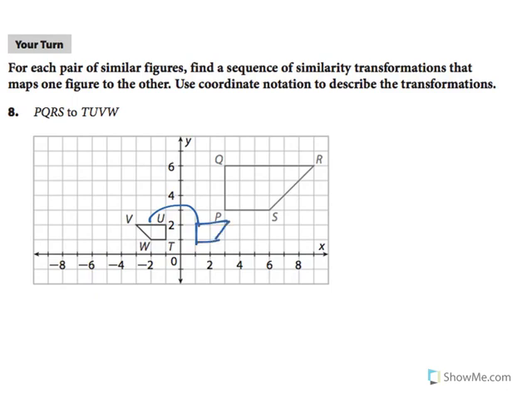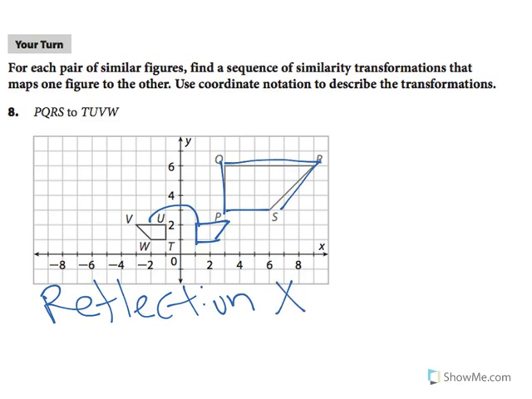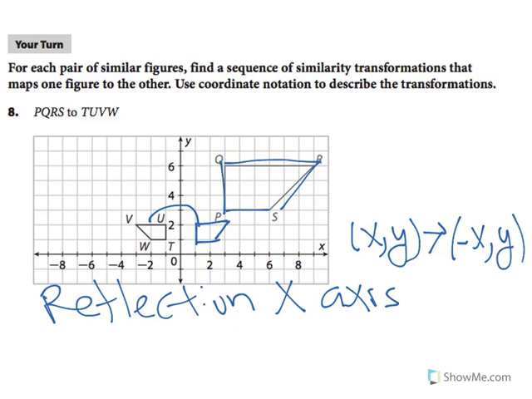Right, and then have a dilation. Okay, so here we say that we have a reflection across the x-axis, which means that we go from x, y over to x and negative y, and then we have a dilation.